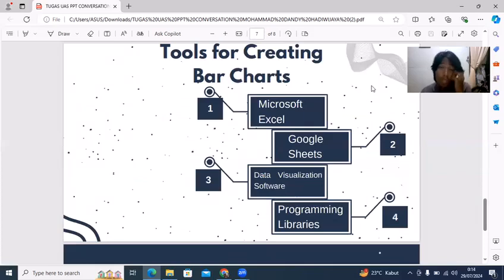Tools for creating bar charts. Microsoft Excel. Microsoft Excel offers built-in chart tools to easily create bar charts. And Google Sheets. Google Sheets provides options to make bar charts online and share them. And data visualization software.